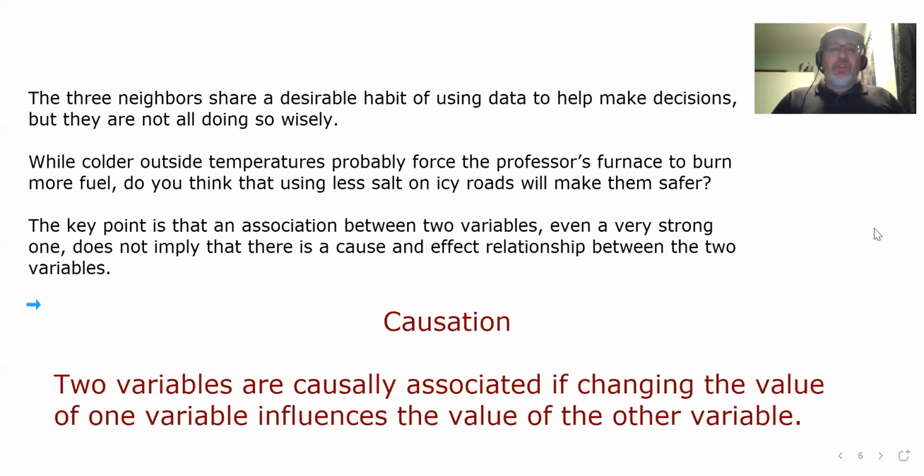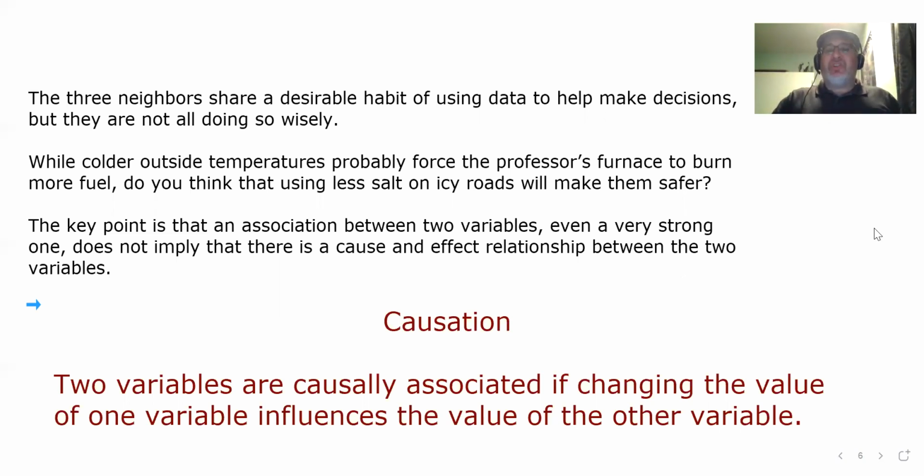Causation: two variables are causally associated if changing the value of one variable influences the value of the other variable. And again, the difference between causation and association: association means that these two values seem to be changing at the same time. Maybe one goes up and the other one goes down, or maybe they go up at the same time or go down at the same time.